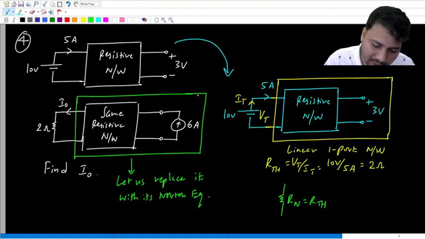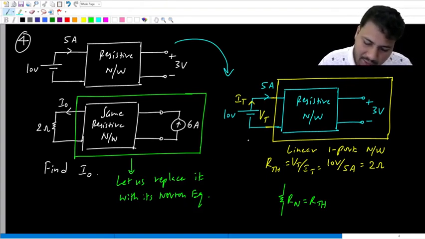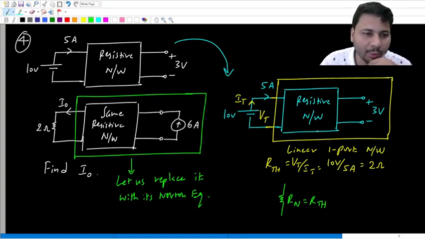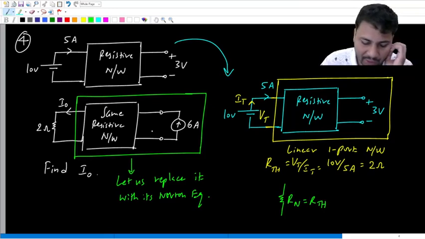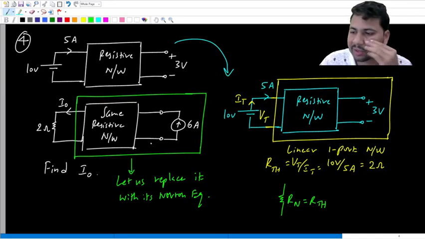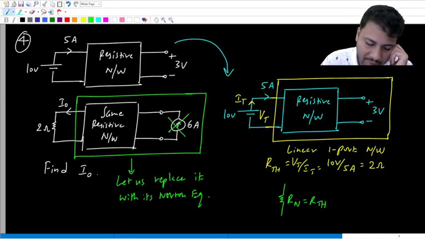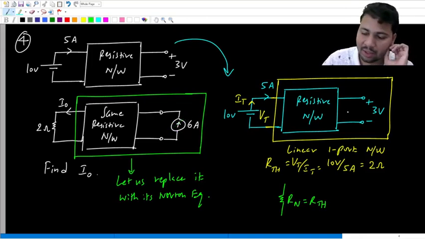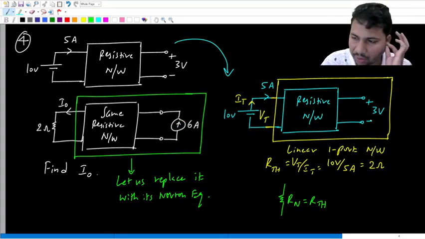In terms of value, Rn is equal to Rth. Now, for this green color box and the yellow color box, will the Norton resistance and the Thevenin resistance not be equal? Because while finding Thevenin resistance, you make the independent sources 0. The yellow color box and green color box are identical when you make this current source 0. Please understand this. Inside the green color box there is this current source, but inside the yellow color box there is no current source.